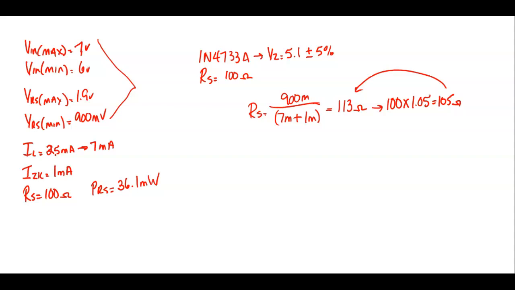Yeah, 1.9 squared, or you could calculate the current, right? So you could take 1.9 divided by 100, right? You understand that? So it's whichever formula you want to use, because we're going to have to calculate our IRS max anyway, right? Sooner or later. Okay, guys.